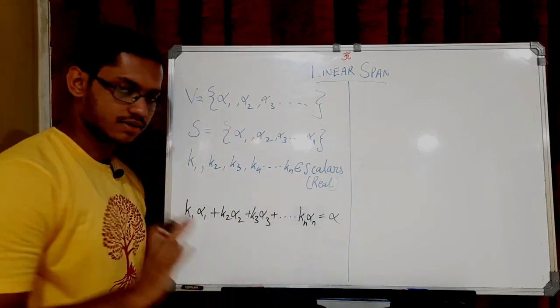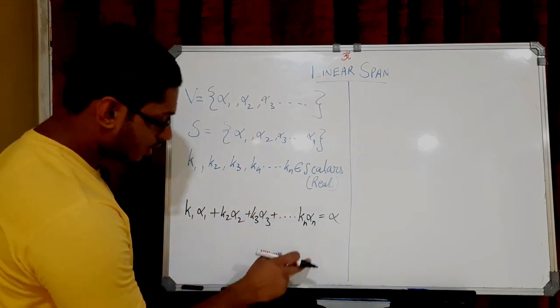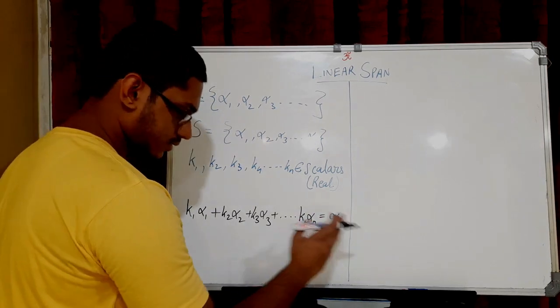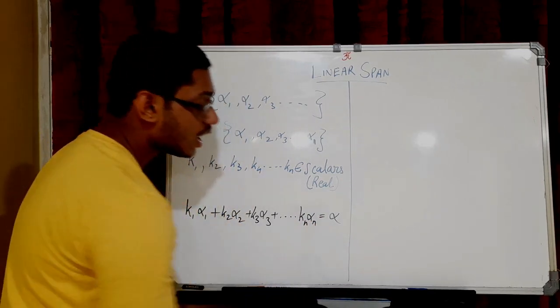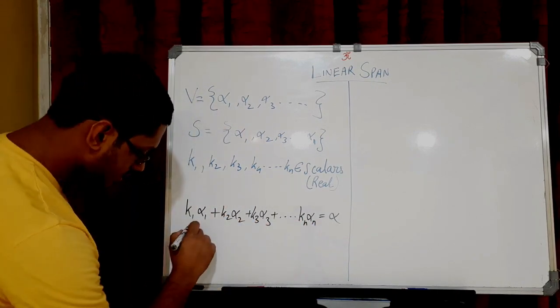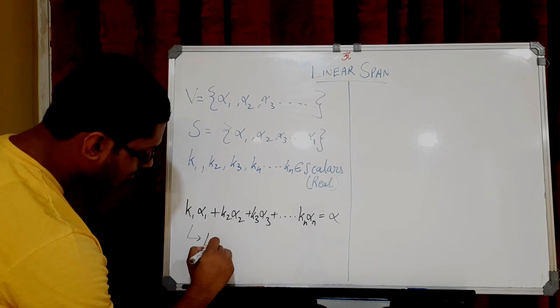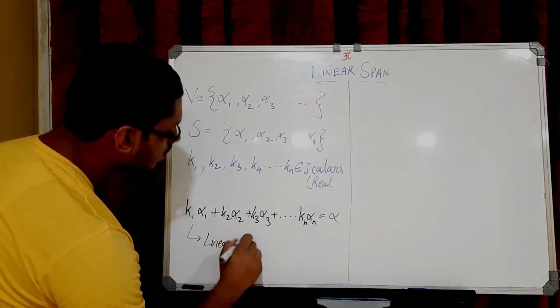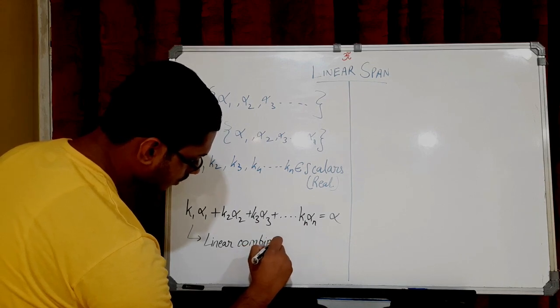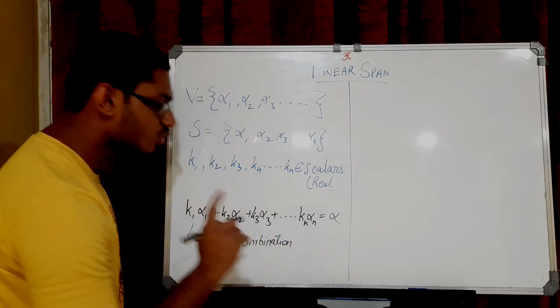Now since a vector is formed, this is a linear combination, because we combine these scalars and vectors. This is one linear combination.